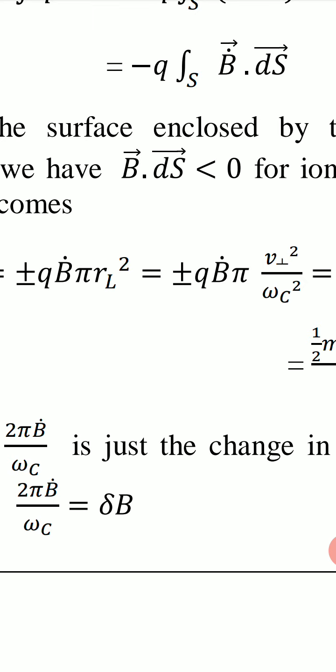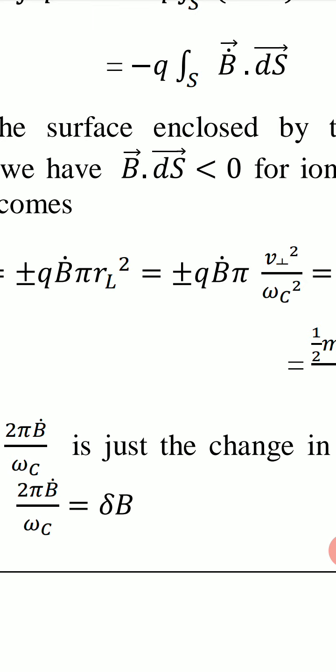Plus is the sign for positively charged particles and minus is the sign for negatively charged particles. Q is here and B dot is here. B dot ds vector after integration will give B dot into pi r L square.